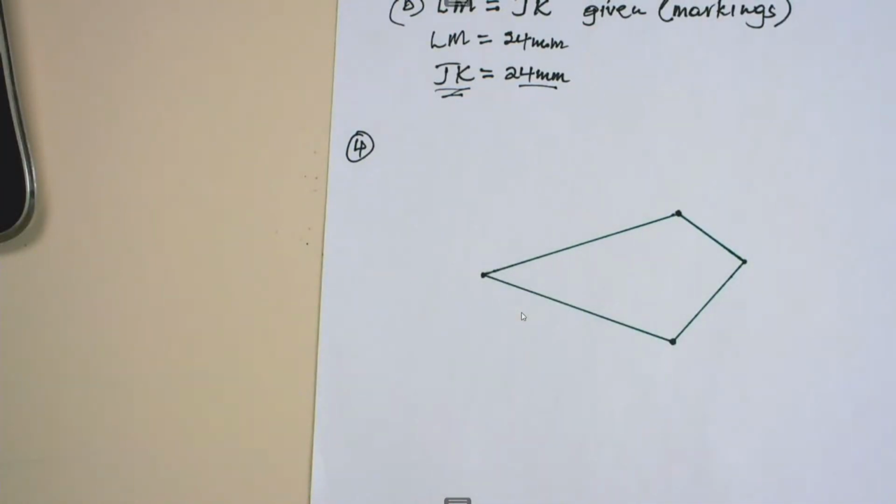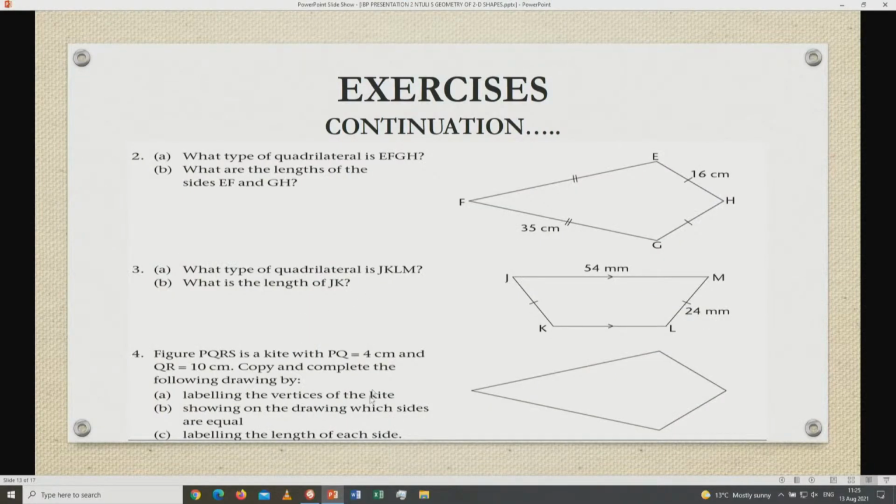Right, there is my kite that I've just drawn, guys. Now let's see the instruction. What does the instruction tell us to do? We need to read it carefully so that we do as per the instruction, not as per the way we think. So it says figure PQRS is a kite with PQ equals 4 centimeters and QR is 10 centimeters. Now let's be careful.